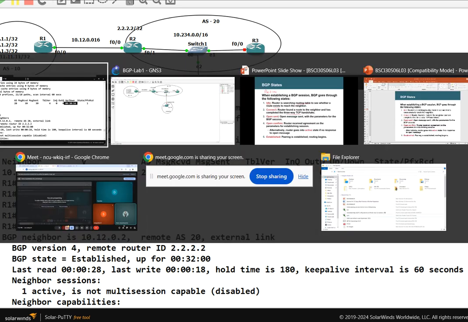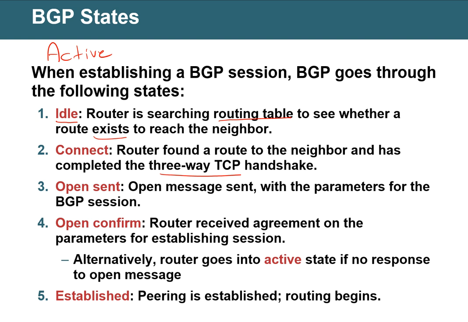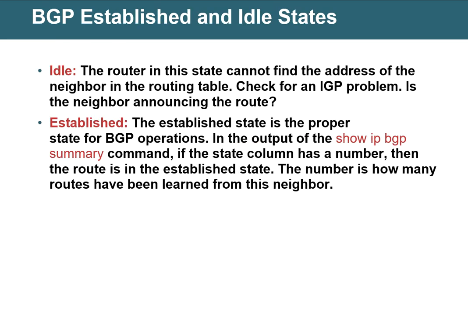Great. So we have seen these BGP states: idle, connect, open send, open confirm, established. And we also saw if it is idle, then you need to have a look into the routing table. Maybe there's a route problem to reach the neighbor address.